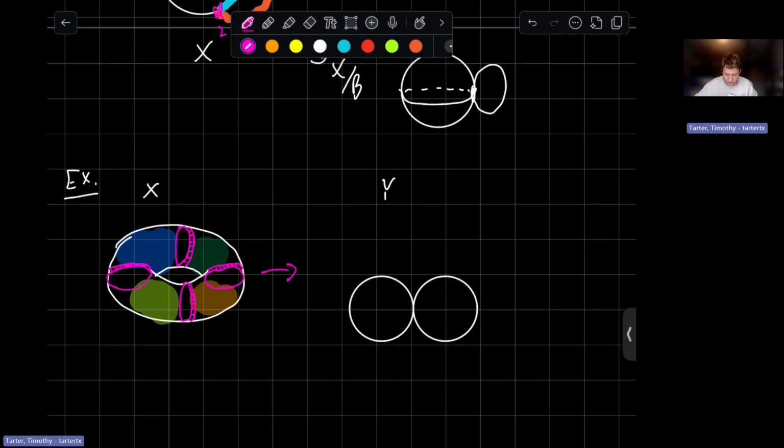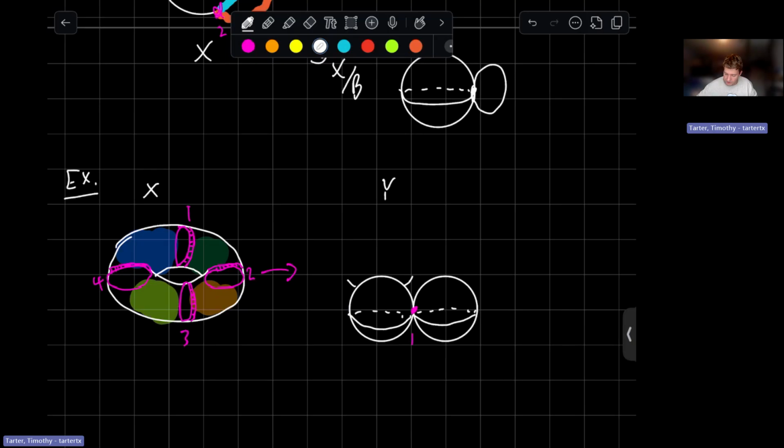Like if we identify these by 1, 2, 3, and 4, and like maybe this is 1, and then these are also spheres, and then the back.